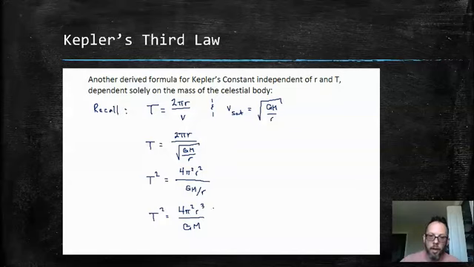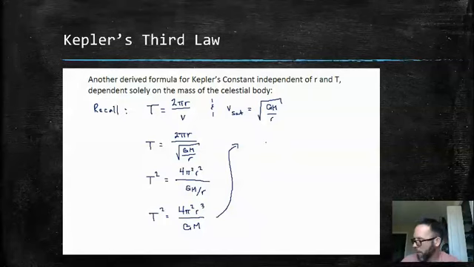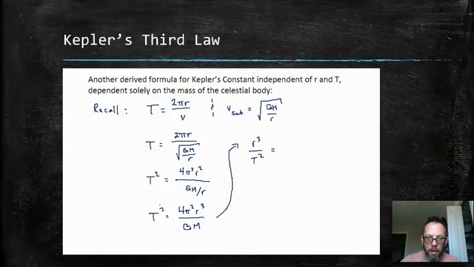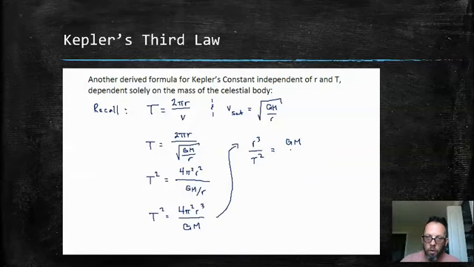And I'm going to do a little bit of rearranging here. I'm going to bring the T squared to the right by dividing both sides by T squared. That's going to give me r cubed divided by T squared. And then I'm going to multiply GM up to the left and divide 4 pi squared down to the left. And so we get r cubed over T squared equals GM over 4 pi squared.